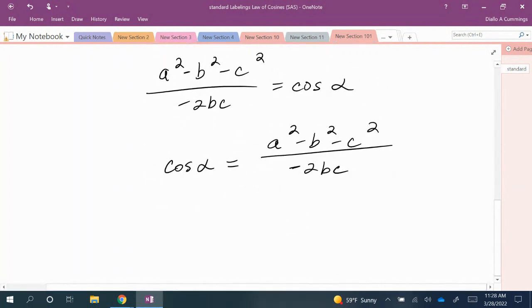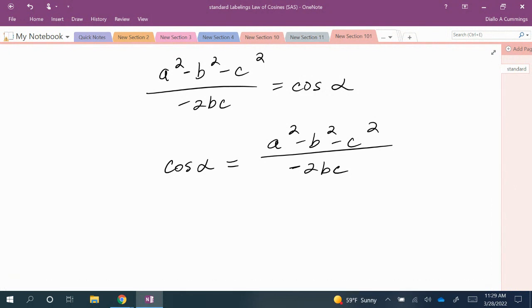Now, if I look at the right-hand side, I want my denominator to be positive. If you remember your rules from signs, my a squared term on top is positive and the denominator is negative, so a positive divided by a negative is a negative. If I look at my b squared term, I have negative b squared divided by negative 2bc, and a negative divided by a negative is a positive.